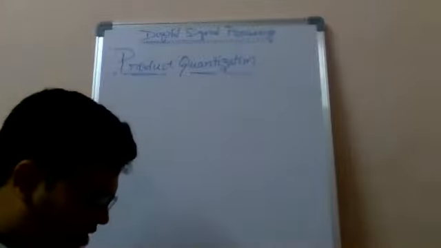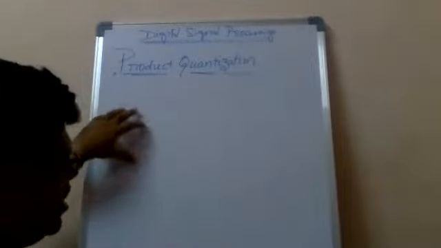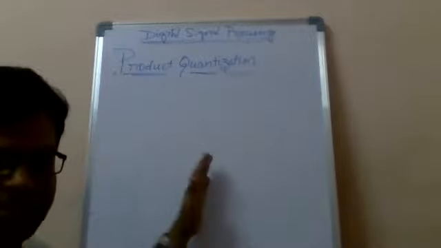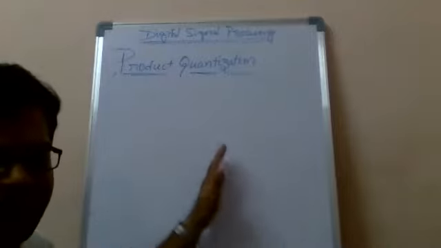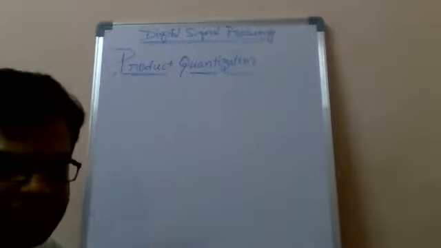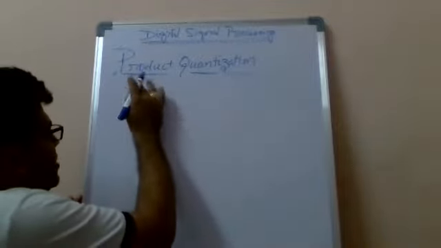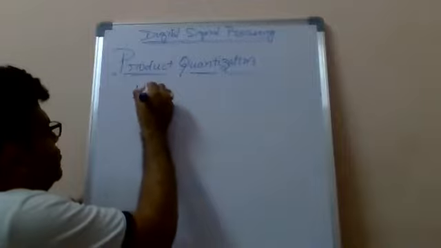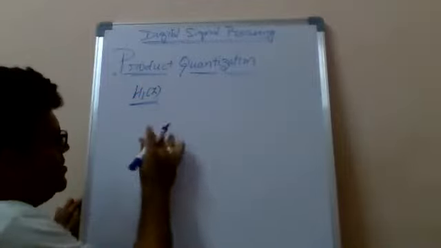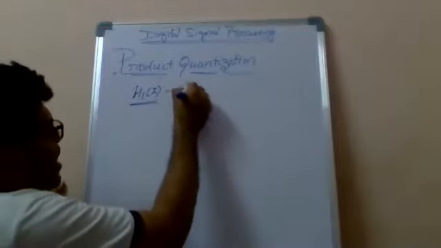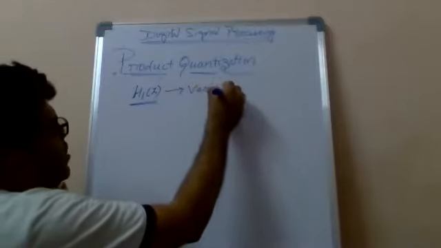Here we again have to compute the variance individually for the transfer functions, and then add the individual variances so as to get the total variance. For structure 1, let us say h1 of z represents the first transfer function of the first cascade structure, and you calculate the variance sigma eo1 for this h1 of z.